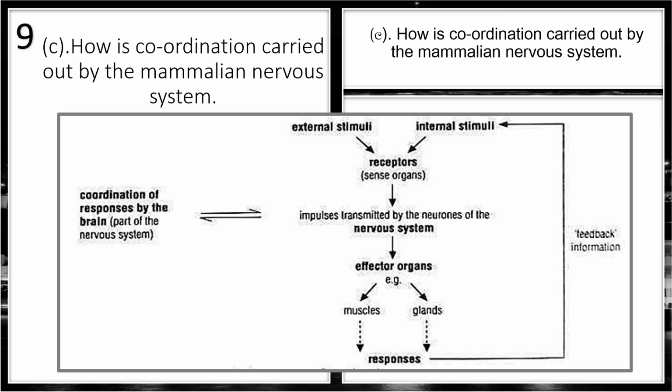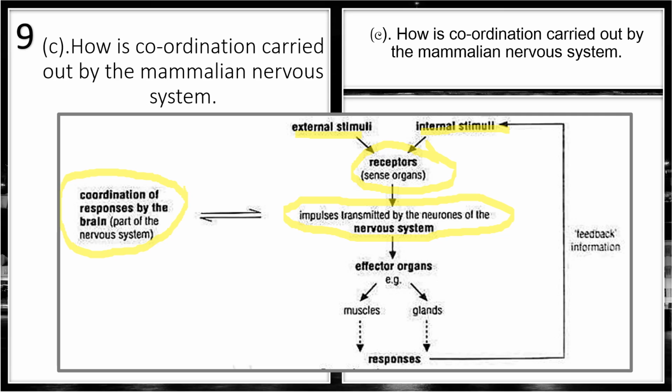We can see that there is an external stimulus. This is going to be recognized by the receptors or the sense organs, and these will generate impulses in the nervous system, whereby the brain coordinates a response.